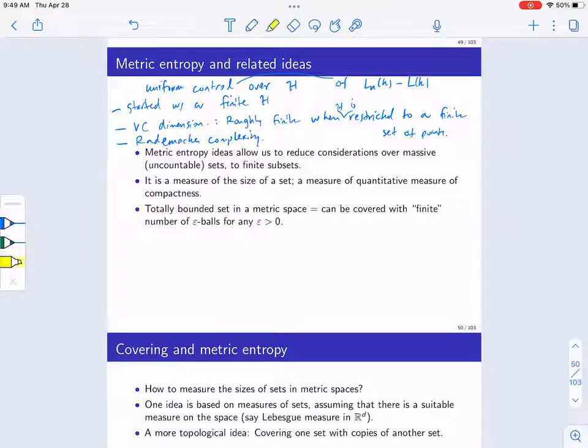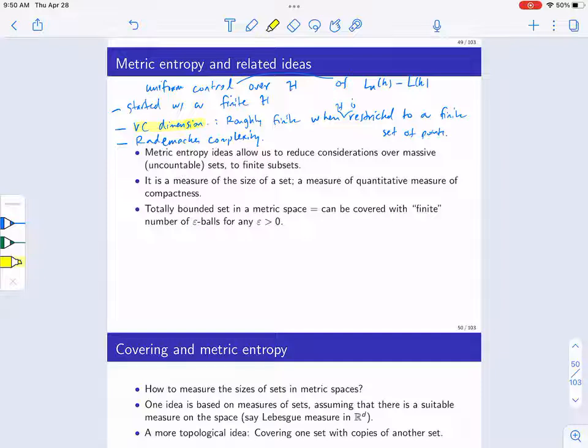And then the notion of VC dimension was for indicator functions, which is a bit of a restriction. Someone asked whether there's an extension of it to more general functions. And there is, but these metric entropy ideas are more general.